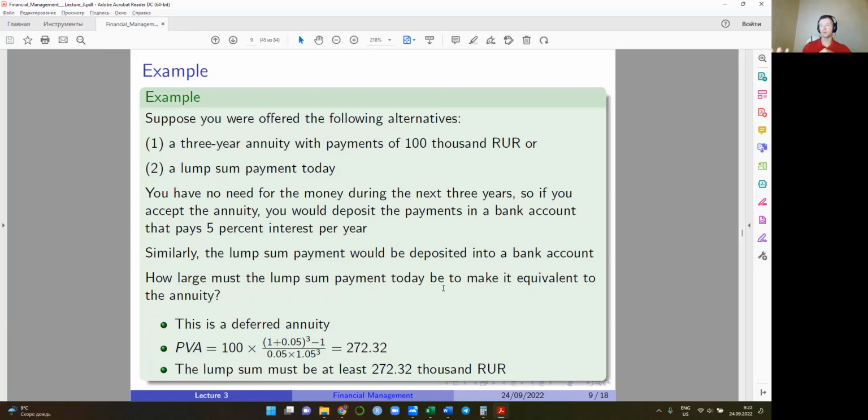If you are offered 280, you accept 280 because this is better than 3 payments of 100. If you are offered 250, you will reject this offer because 3 payments of 100 are better. They have higher present value. That's basically the logic of making financial and investment decisions with the application of financial mathematics.